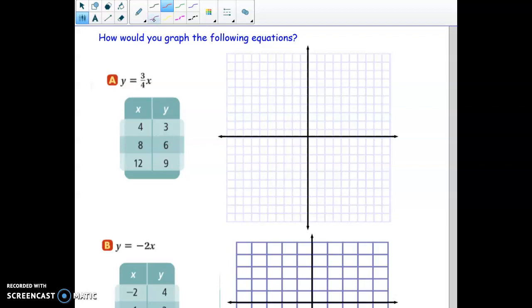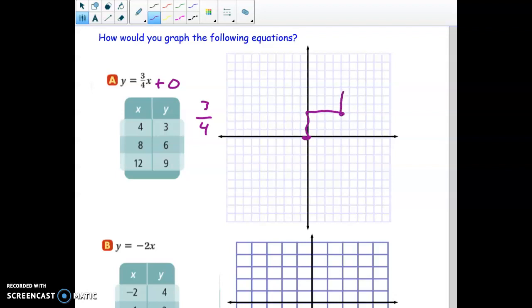All right, so hopefully you've tried it, but if you don't remember, how this works is you just graph a linear one as a straight line, and all these direct variations have a y-intercept of 0, and then you just use the slope. So in this case, it's 3 to 4, and that's sort of the rise over the run. So in this case, we're going to go up 3 and over 4 and make another point.